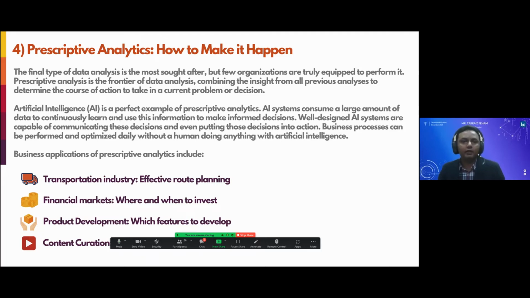The financial market has also been using it, for where and when to invest. These kinds of decisions are now being taken powered by AI. In product development, you can apply AI to determine which feature should be next, because you may have a backlog of maybe 100 features, but what should be the feature that is most relevant, most required by your customer? So you can apply machine learning and AI there as well.